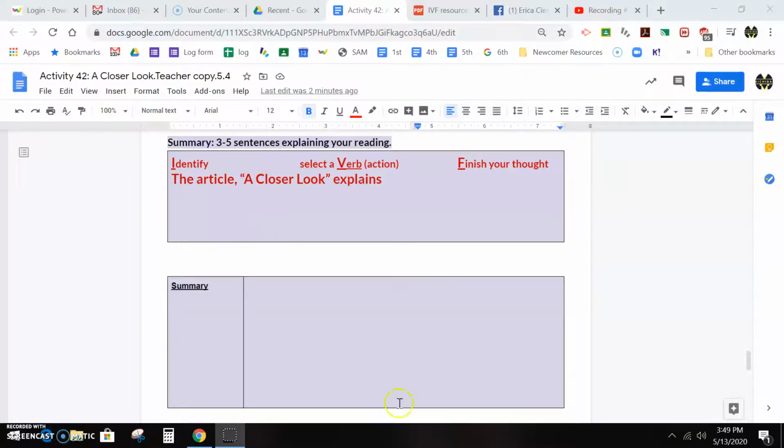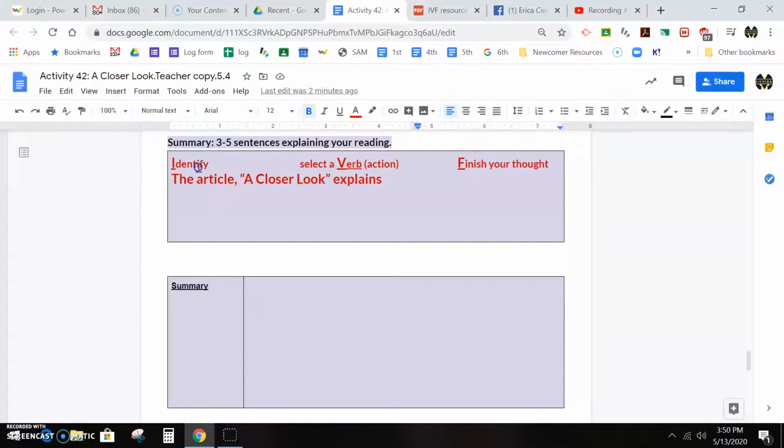So what I have on my screen, this is the part where you're going to write your summary. And if you look, it says the summary should have 3 to 5 sentences explaining your reading. And if you forgot what this means, this is that strategy called IVF.